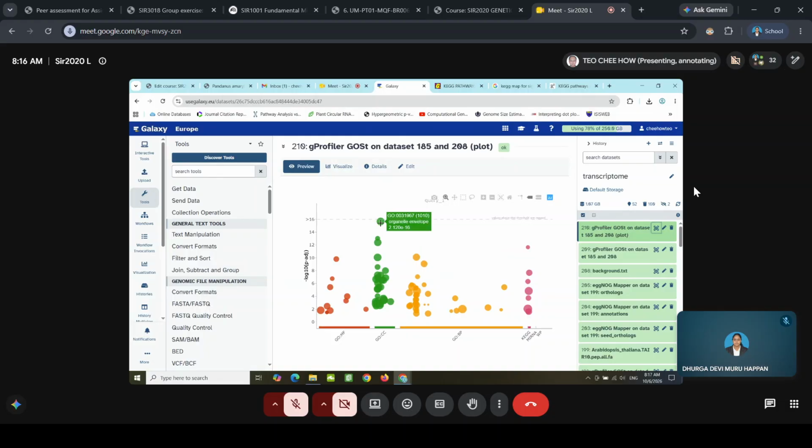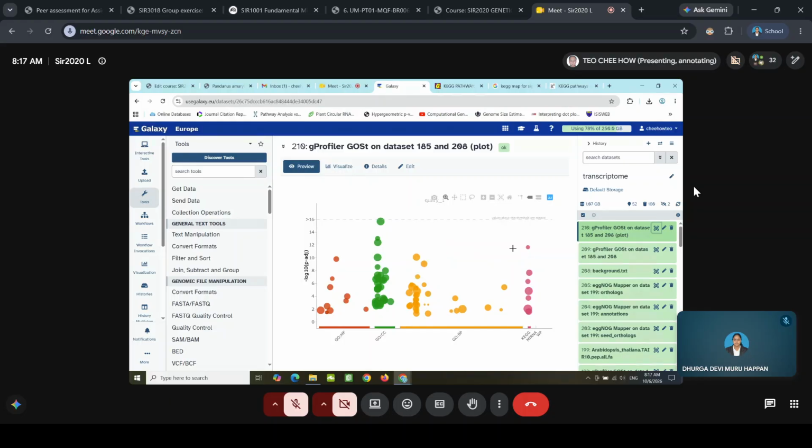So this one has 1,010 genes involved, and this is 367 genes involved in that response. So those genes usually share a similar expression profile, right? And here indicates that 20 genes were involved in the photosynthesis antenna protein.